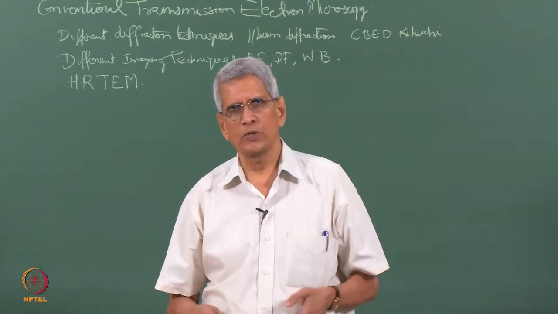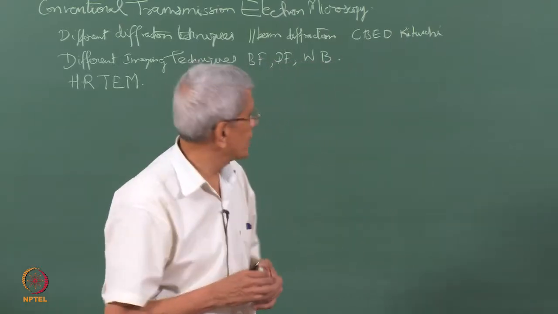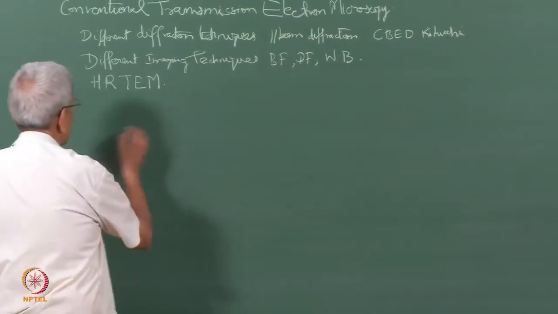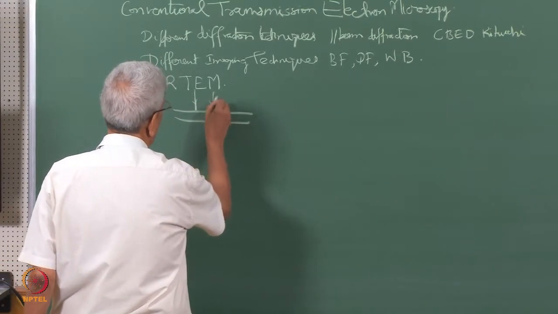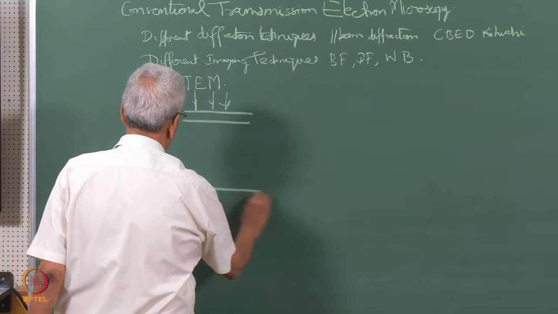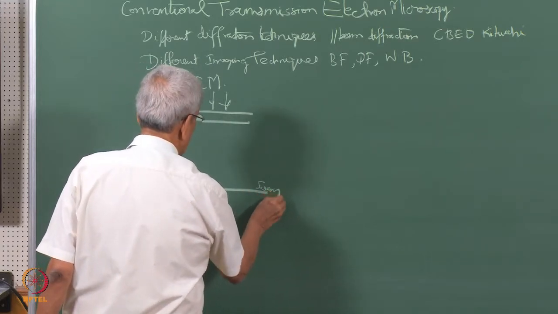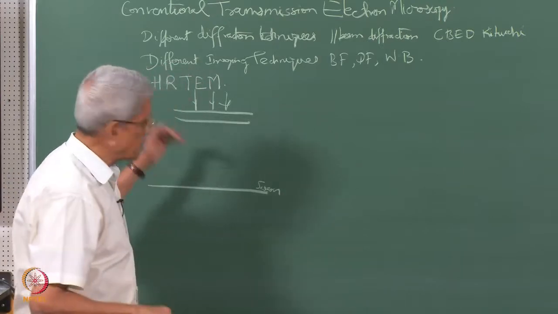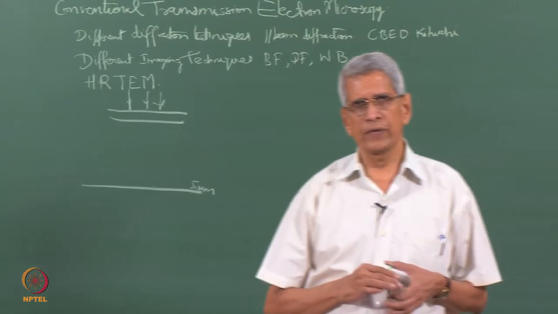This is quite similar to that, because normally what happens in an electron microscope is that the beam passes through the sample and through the full thickness, and the image which forms on the screen is essentially a 2-dimensional projection of the 3-dimensional information which is available.